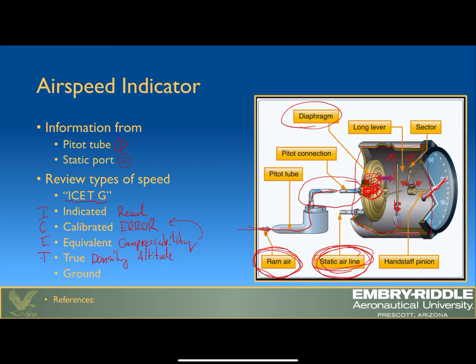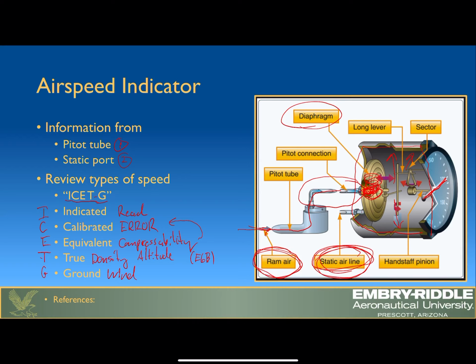Remember, this is the one you can actually use your E6B to calculate true airspeed. And then last we have our ground speed, and that's where the G comes in. Ground speed is just true airspeed corrected for wind. Ground speed is what you actually travel over the ground.